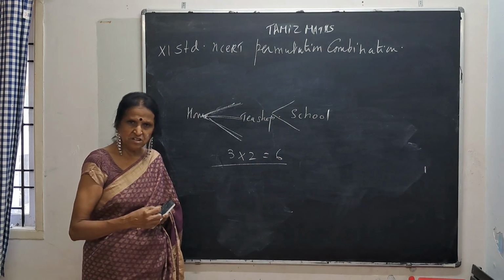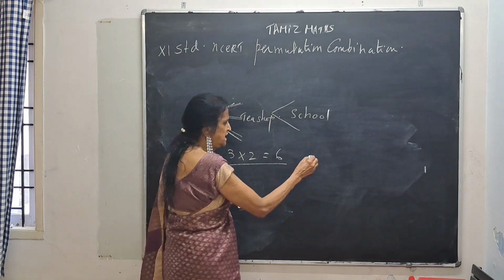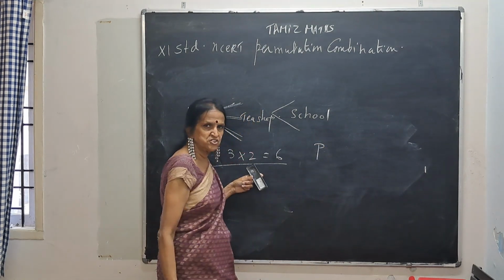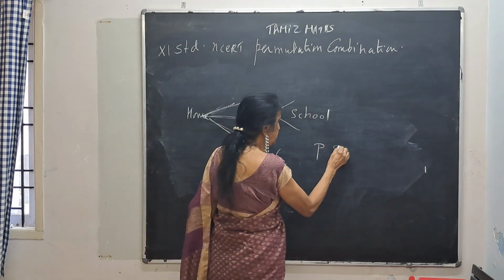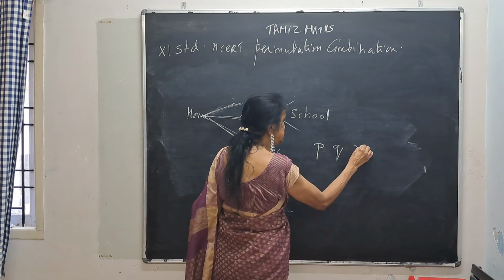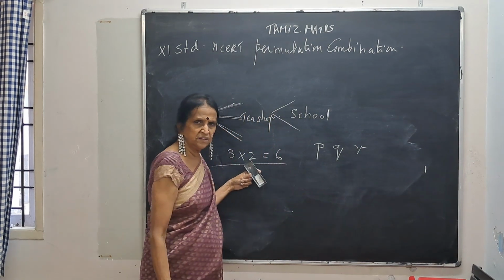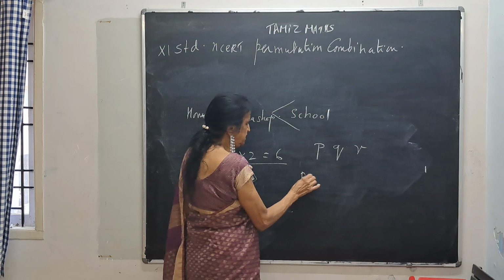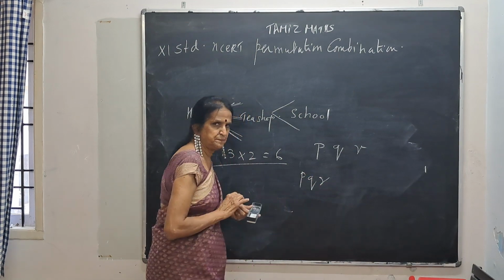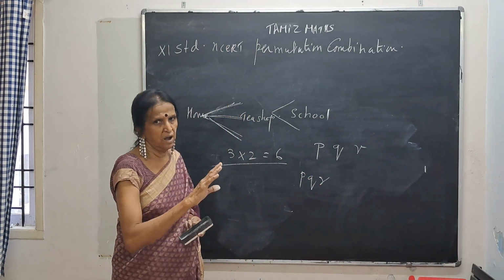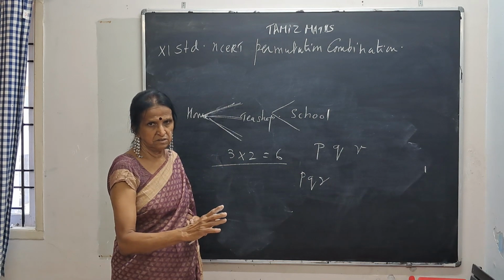If one action happens in P ways, another action happens in Q ways, another action happens in R ways, all together will happen in P into Q into R ways.